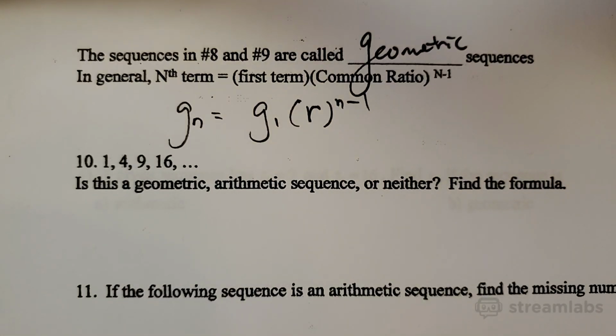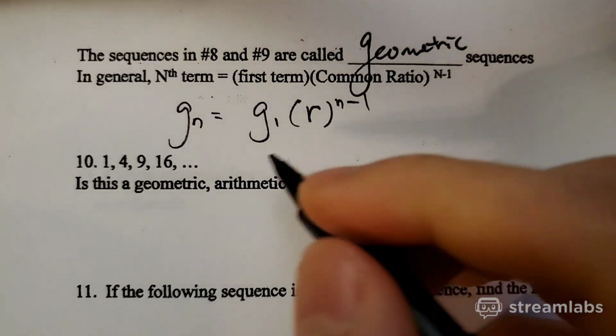Geometric? Neither? What is it? What would it be? Neither is correct. So it's neither.